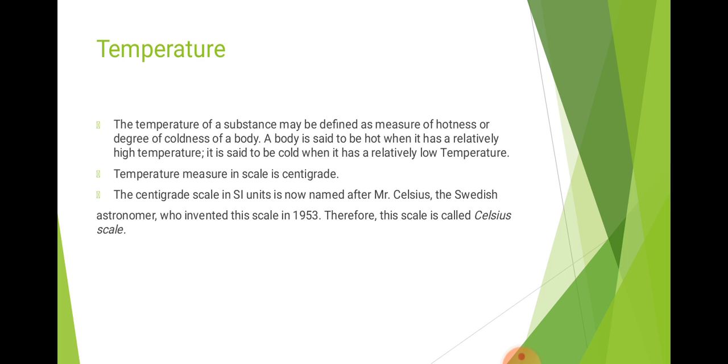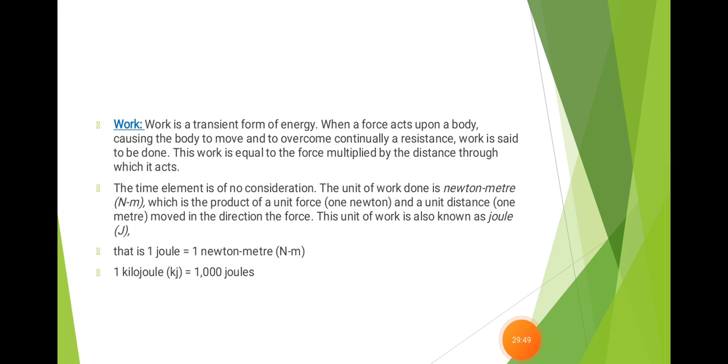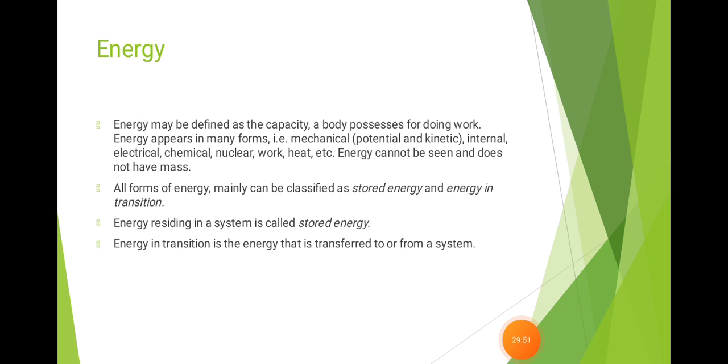Okay, now the next property is energy. Before moving forward, I want to tell you that temperature can be measured on the centigrade or Celsius scale, and the absolute temperature is the temperature measured above the point of absolute zero.